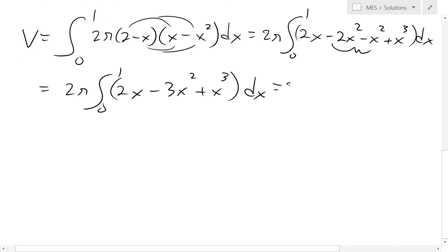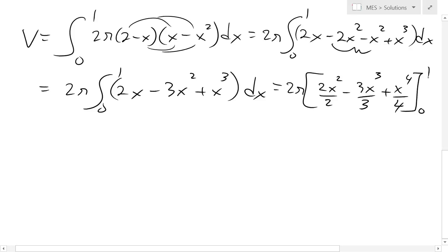Now we can just solve the integral. This is going to be 2 pi times the integral of 2x, that's 2x squared over 2, minus this part, which is 3x cubed over 3, plus x to the fourth over 4, from 0 to 1.